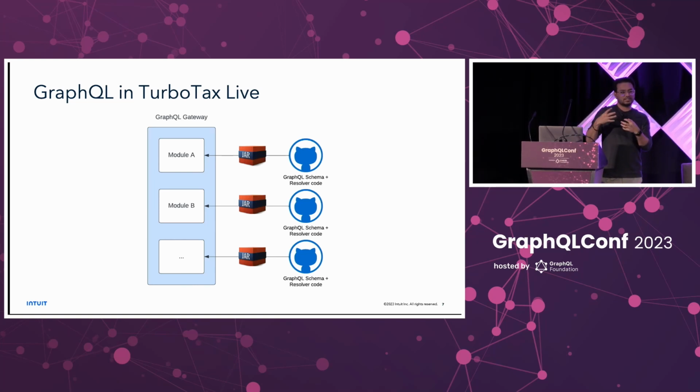It would be bundled in a jar format, and then integrated into the GraphQL gateway, and the gateway would get deployed. Now, I don't like to call this a gateway because it's just a monolith where modules come together as a POM dependency and deploy.